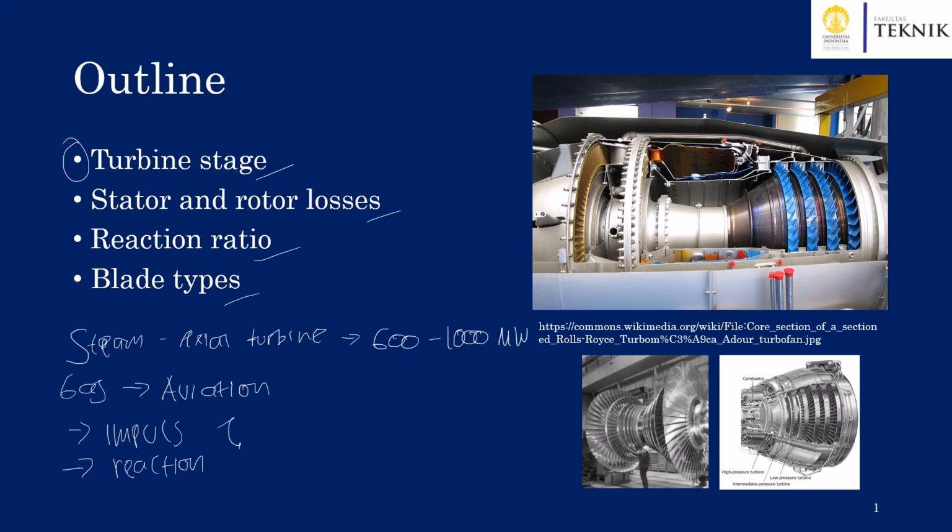In both types of turbines, the pressure will decrease across the stator and rotor. However, the velocity will increase each time it passes the rotor. So in general, both share the same characteristics. And to proceed with the discussions, we will combine the analysis for both gas and steam turbines in this video.